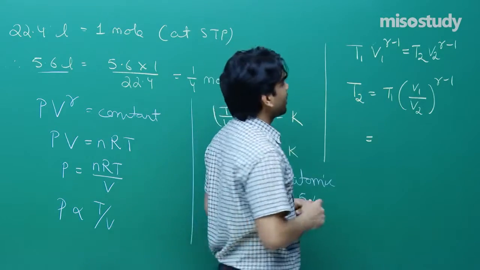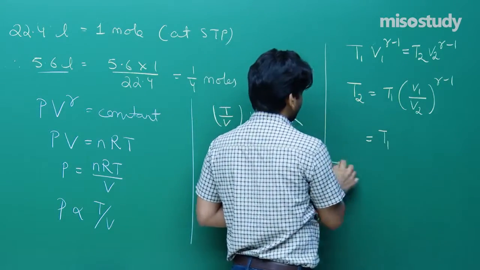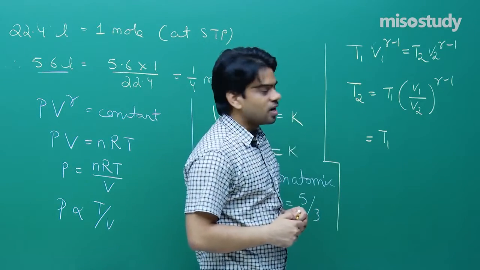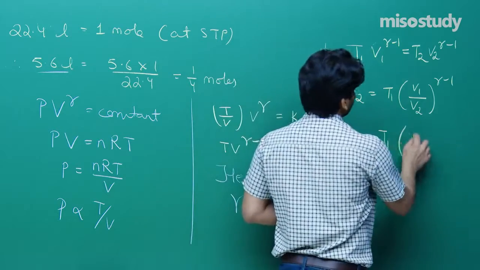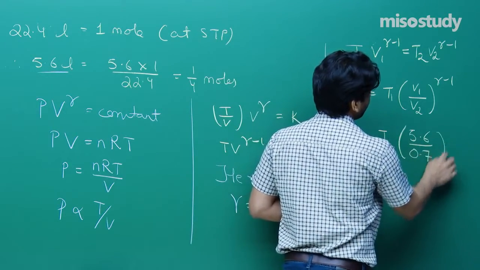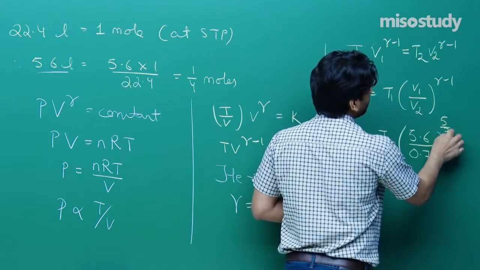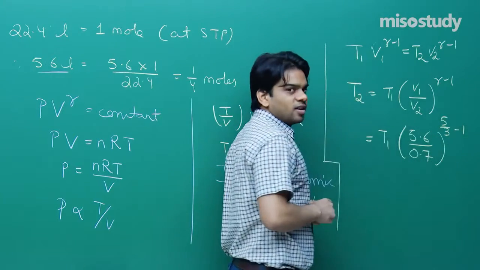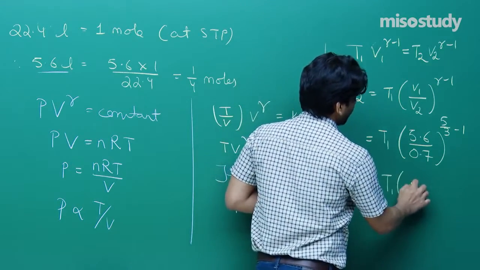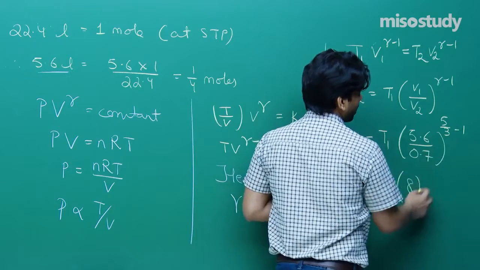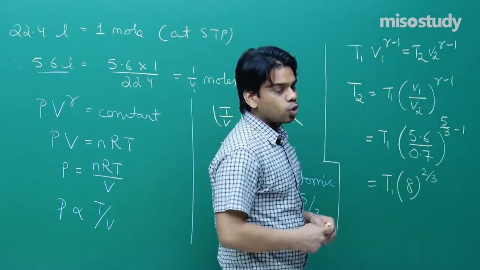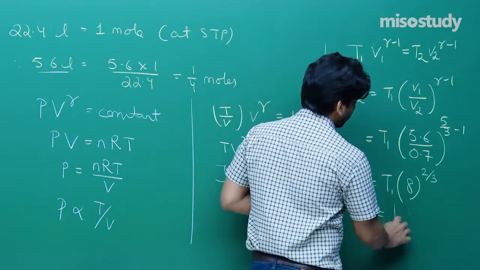In terms of T1 we can find the value of T2, the final temperature. V1 is the initial volume and V2 is the final volume, so 5.6 divided by 0.7, to the power 5/3 minus 1. Easily you can evaluate this. It will be 8, so you get T1 into 8 to the power 2 by 3. 8 to the power 1 by 3 will give you 2, 2 squared is 4, so this will come out to be 4T1.